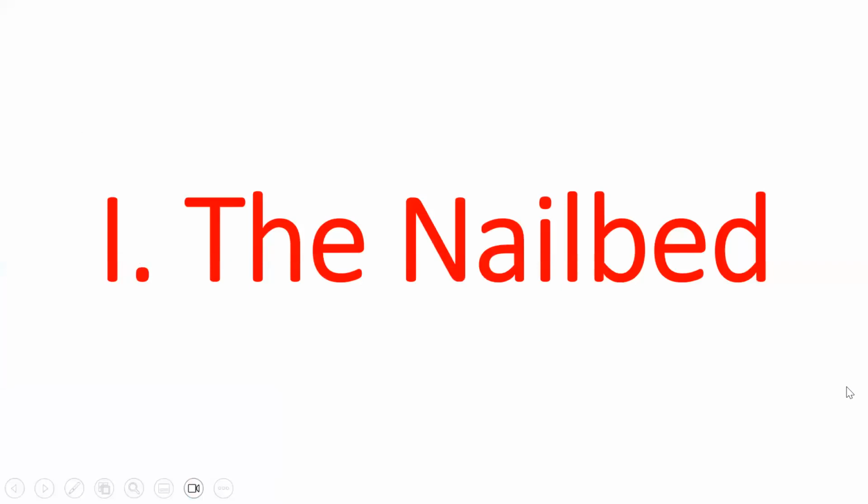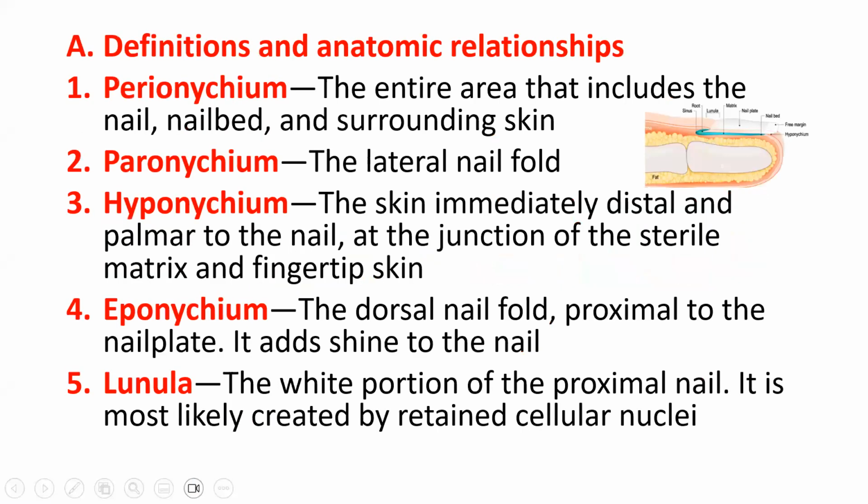Okay, the nail bed. What is the nail bed? We ask questions on the nail bed and on anatomic relationships. What is the perionychium? The entire area that includes the nail and nail bed and surrounding skin.